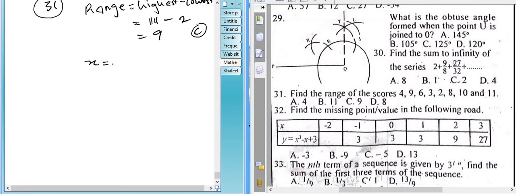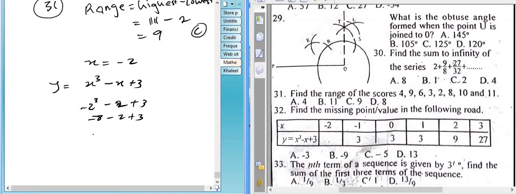So at x equal to minus 2, we want to find y, and the equation of y is given as x cubed minus x plus 3, and we know that x is minus 2, that's minus 2 power 3 minus minus 2 plus 3, which is minus 8 minus minus 2 plus 3. Here is minus 2, here is minus 2, that's plus 2 plus 3.